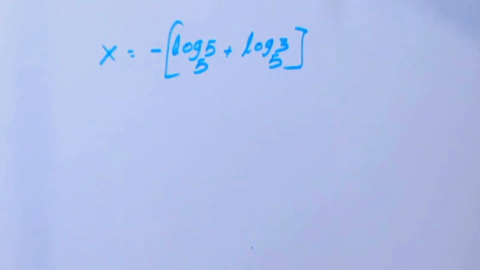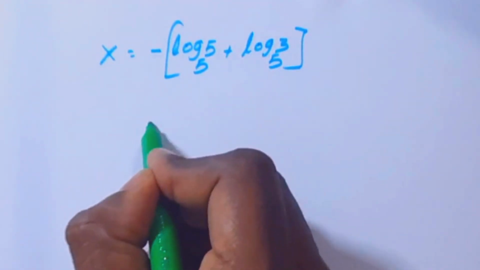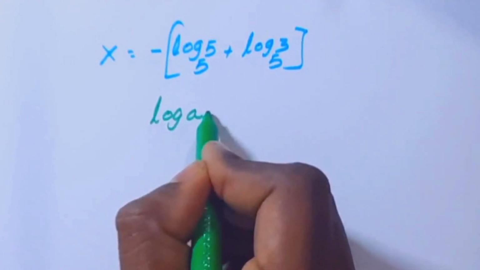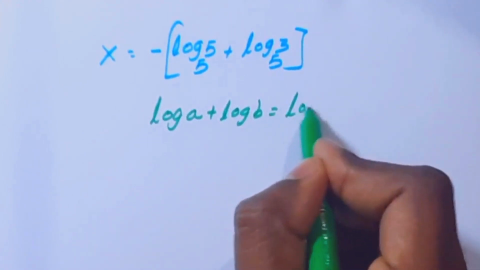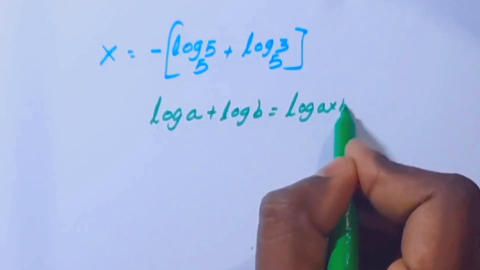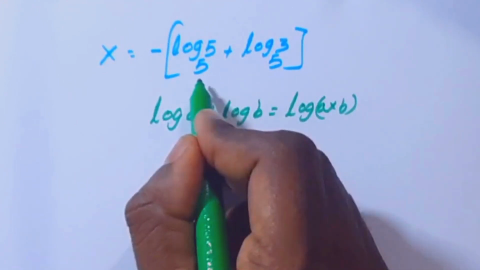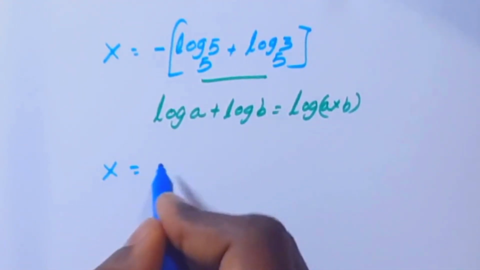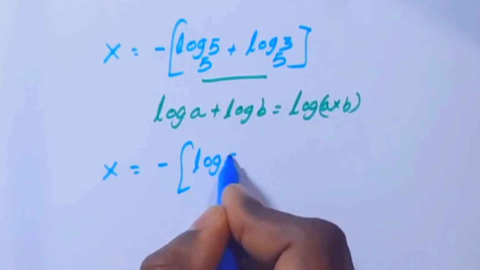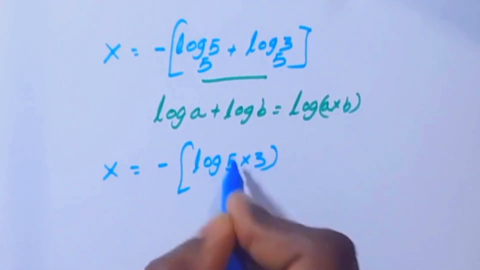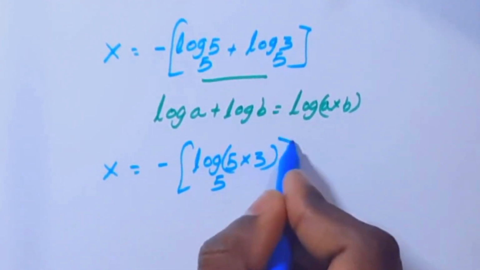We know the log product formula: log a plus log b equals log a times b. We are going to implement this here. x equals minus log 5 times 3 base 5.